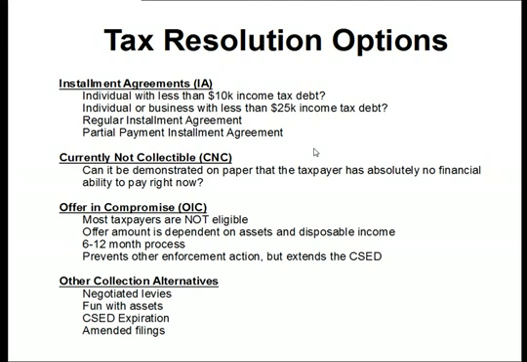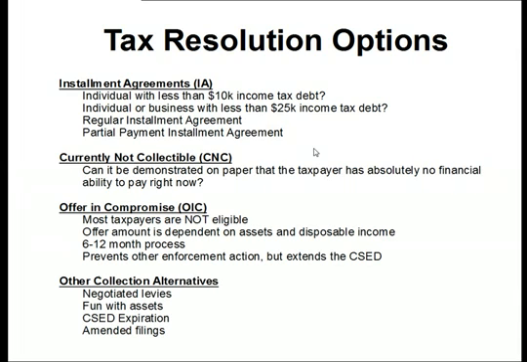It requires a full financial analysis, and the amount of the offer is not some weird percentage of the amount that's owed. The offer amount is actually based on how much assets they have and what their disposable income is. There's a formula for arriving at the offer number, and it's a formula set by law.